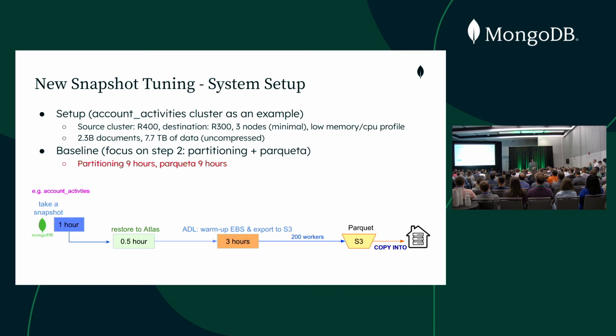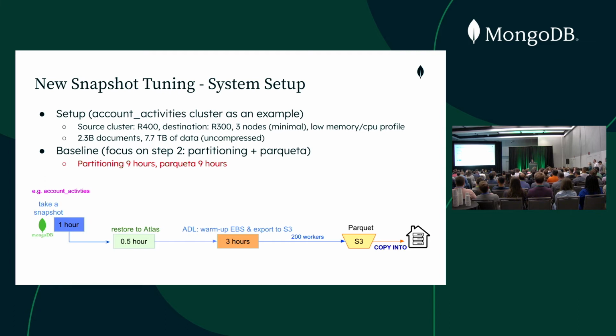We looked into each of the steps. The snapshot is almost always fixed, less than 1 hour. The restore always takes about half an hour. Loading the Parquet files into the data warehouse is also pretty much fixed and stable, half an hour. So the problem is the extraction step. Remember, there are two steps, partitioning and Parquet.